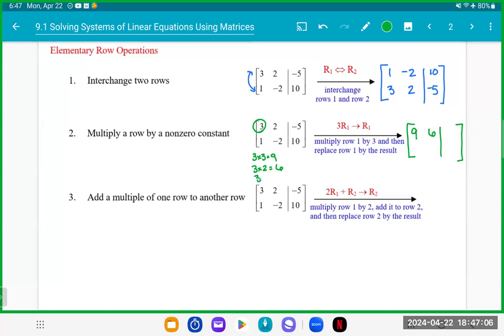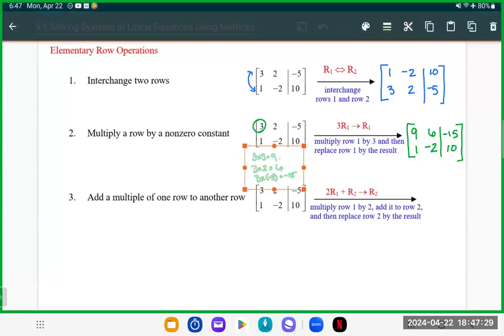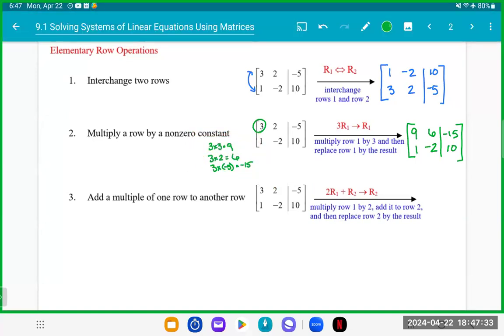And 3 times -5 gives me -15. Okay? And so that's the only operation that we did here, and we copy row 2 exactly as it is because we didn't perform any operations on it. So it would leave us with a matrix that looks something like that. Okay? Questions?